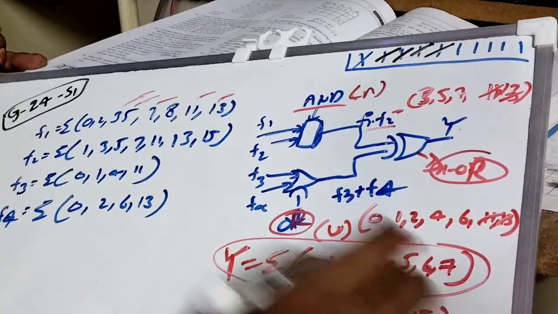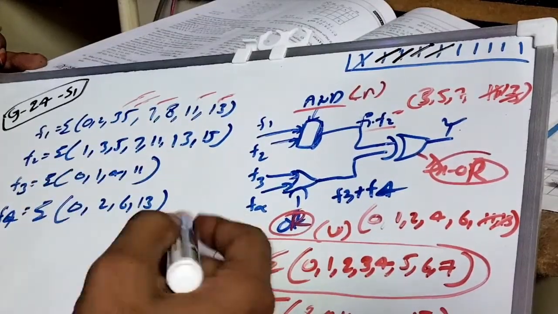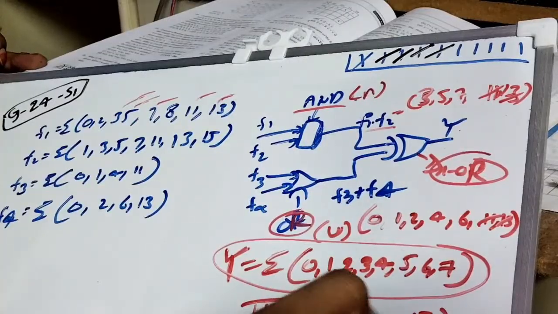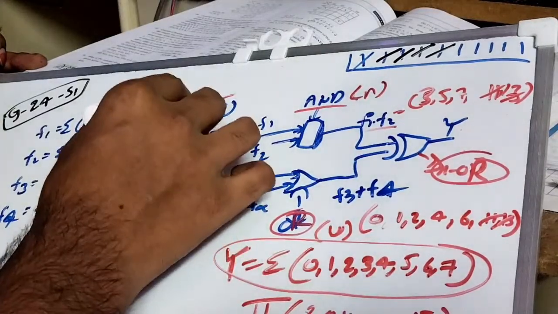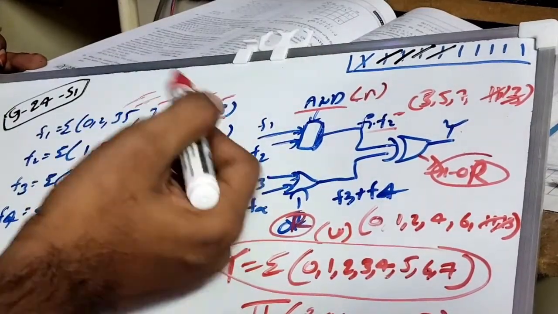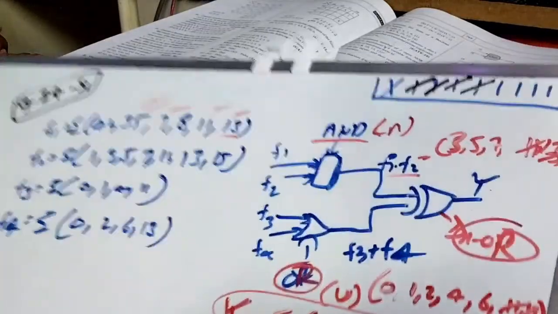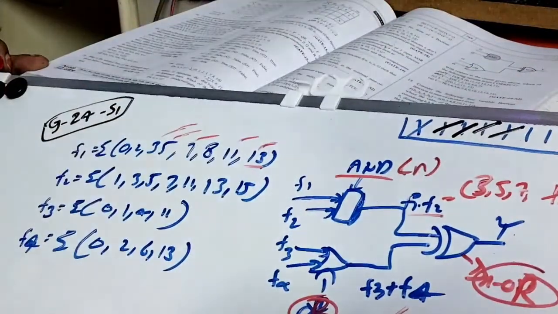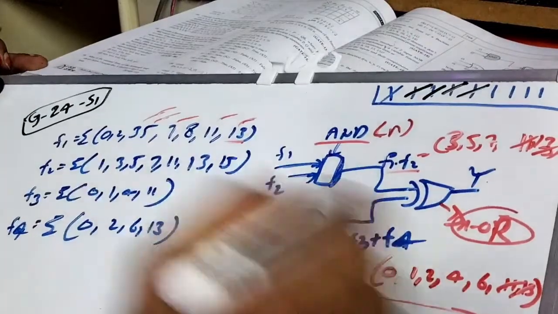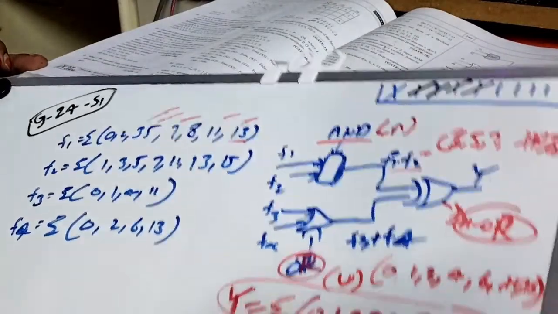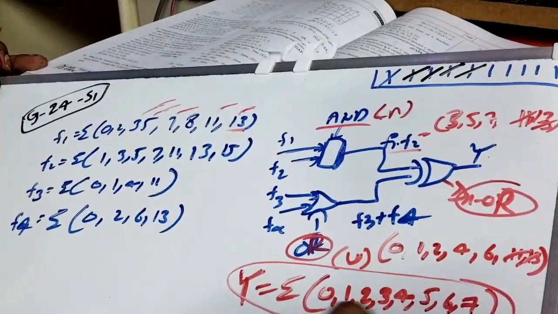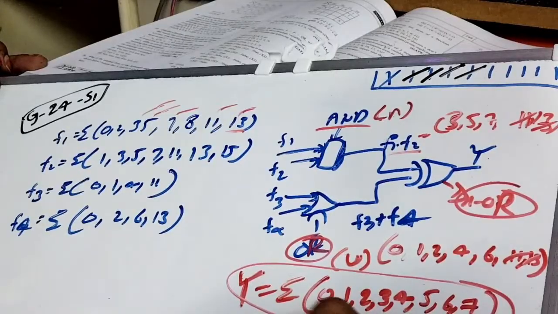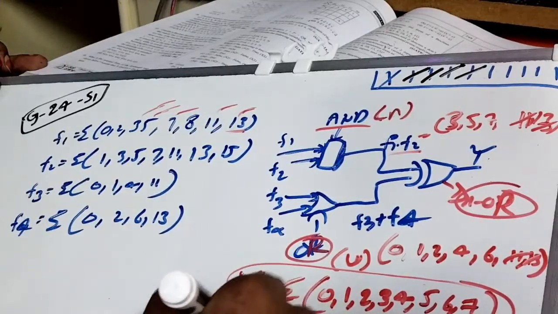Since F1, F2, F3, F4 are all four-variable functions, we don't need to worry about that. So here is the answer.